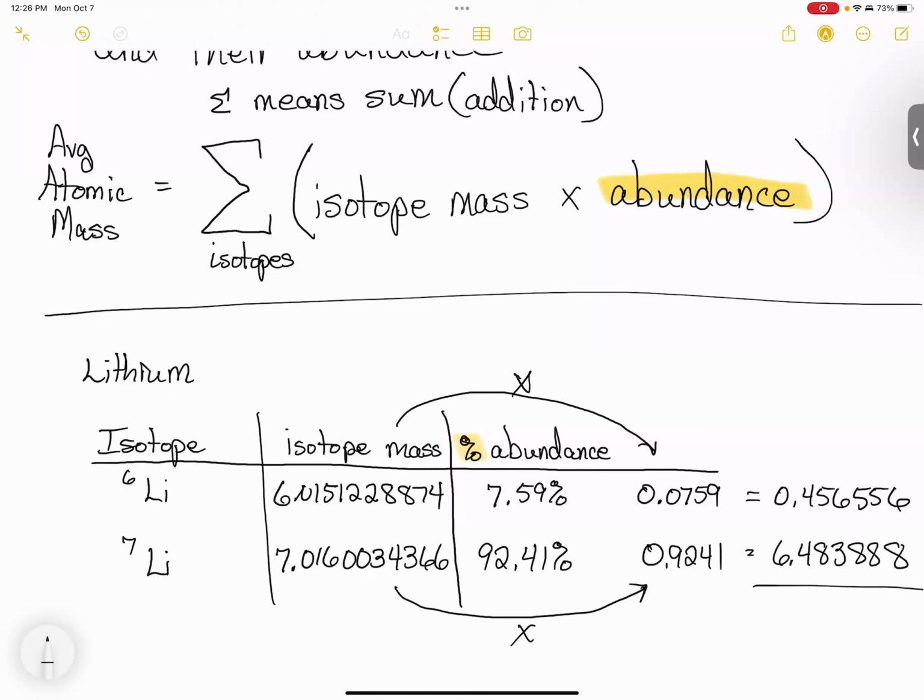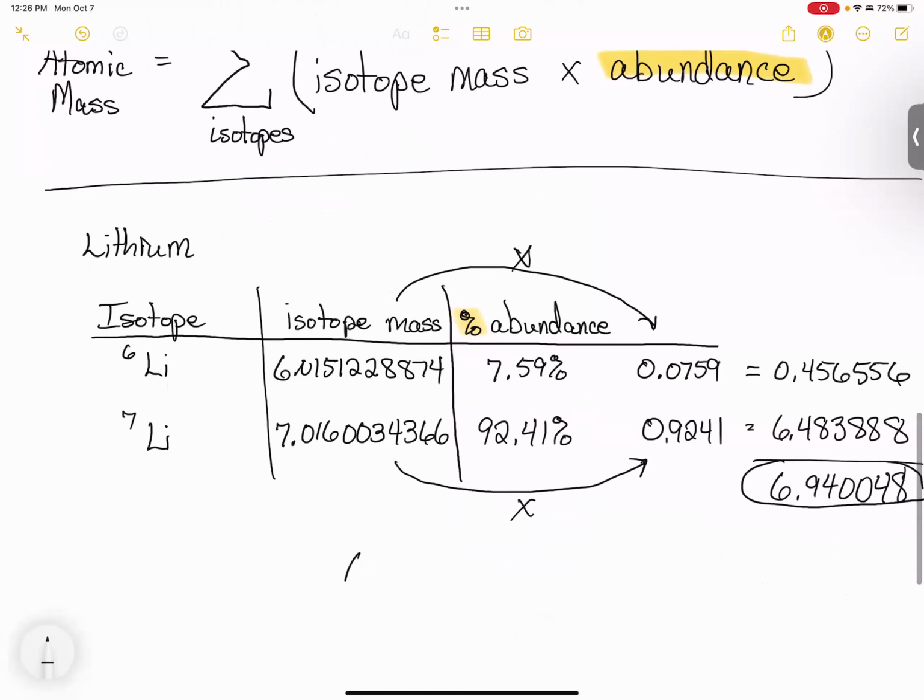You then add those two together, and you get a value of 6.940048. This is the average atomic mass for lithium.